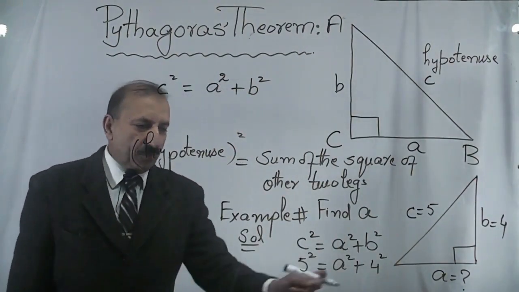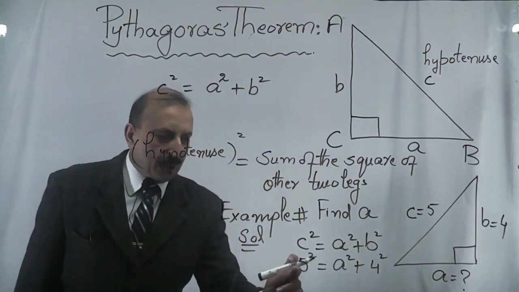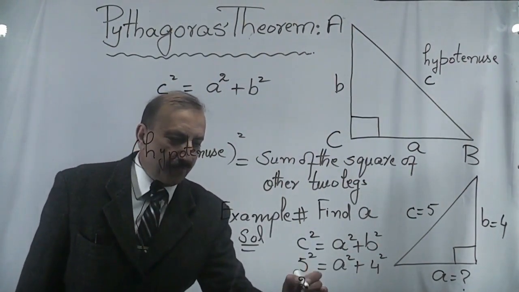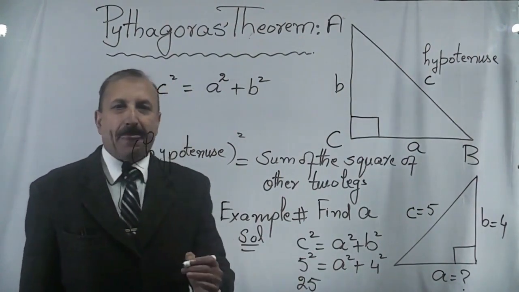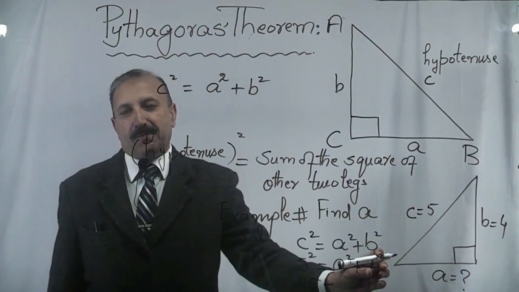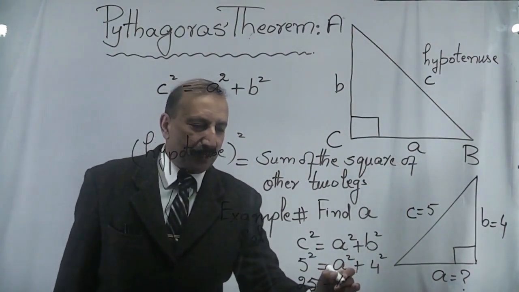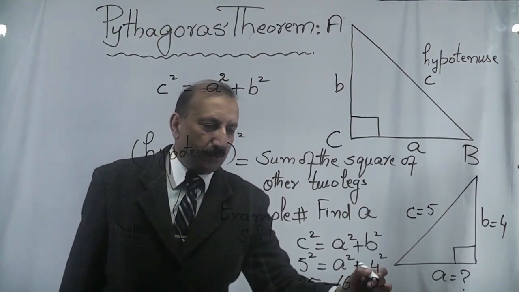Because we want to find A here, we will transfer this value to this side. This 5 squared will become 25, and minus this 4 squared will become 16. When we transfer to this side, this will become 16, and this is equal to A squared.